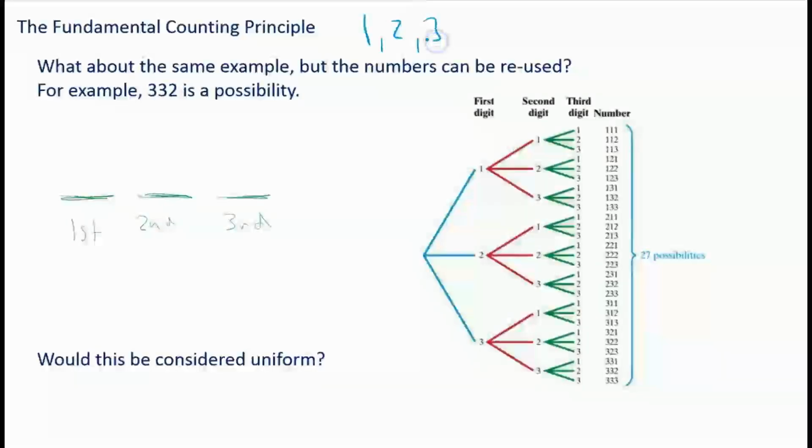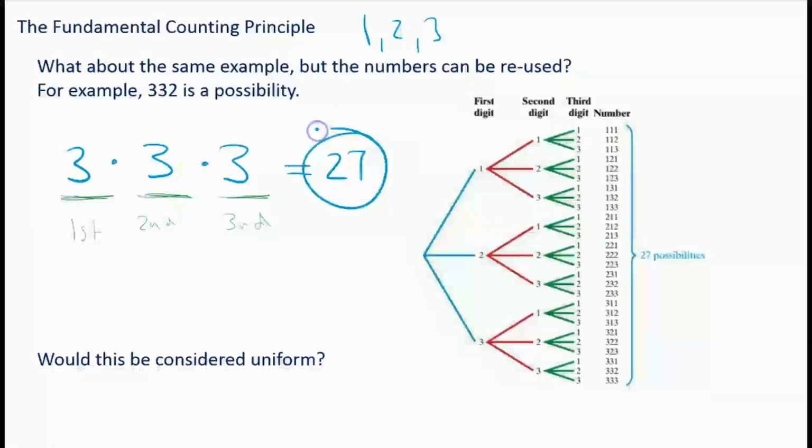I don't have it written in this problem, but that's all I'm allowed to use. So there's 3 ways to pick the first digit. To pick the second digit, there's still 3 ways because we can reuse the number we picked first. To pick the third digit, there's still 3 ways because we can reuse either of these numbers. If I multiply those 3 together, notice I get 27. Lo and behold, look at that.